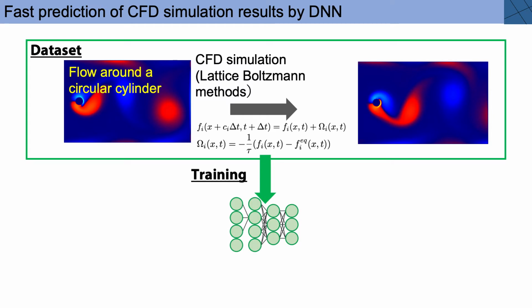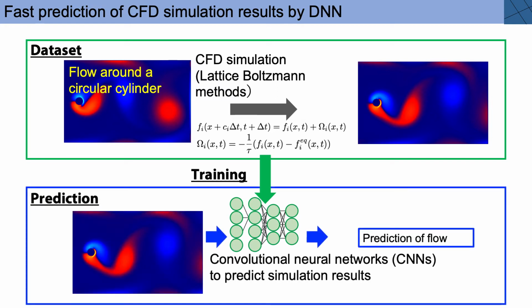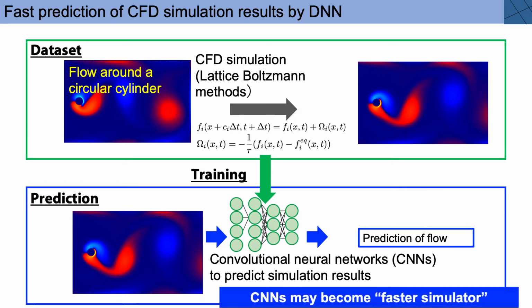Once we have the dataset, we build a network architecture based on convolutional neural networks, CNNs, which is one of the representatives of DNNs, and we train it. After training, we can use the trained neural networks to predict CFD simulation results. CNNs may become a faster simulator.